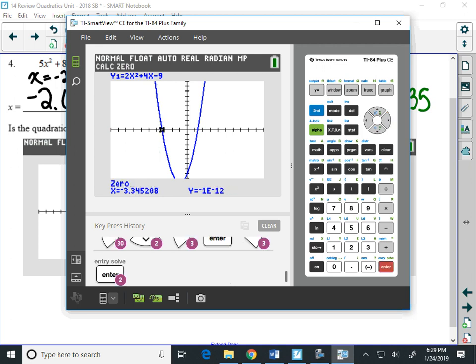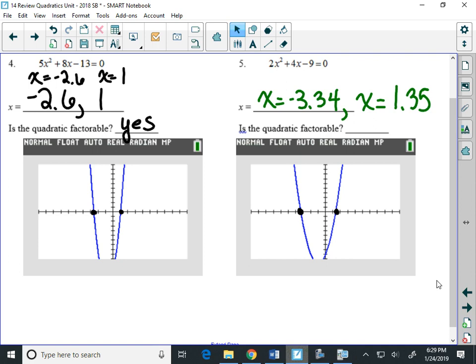And I should have. It was -3.345, and I said it, but I didn't do it. Our point needs to be -3.35 when we round, because it's 5 or higher.